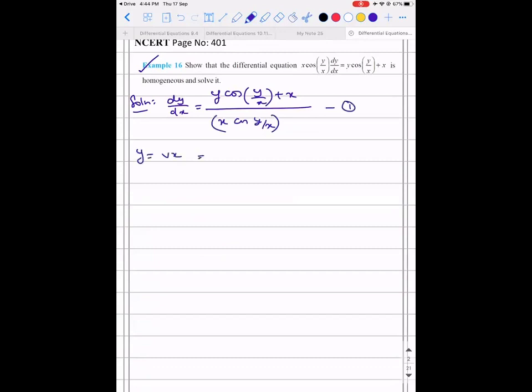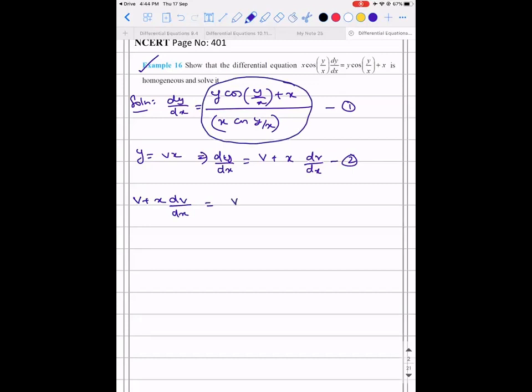Substitute y is equal to vx, which implies dy by dx is equal to v plus x into dv by dx. This will be equation number 2. Right. So when you equate both, you will have v plus x into dv by dx is equal to, for this equation, what are we supposed to do?